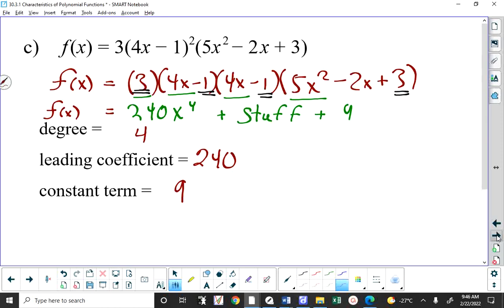Are you with me on that? Ian? You said that for just the 3, that's one separate entity that you're multiplying. Yep. It has the highest degree in its term.